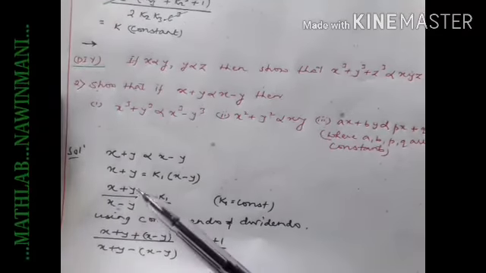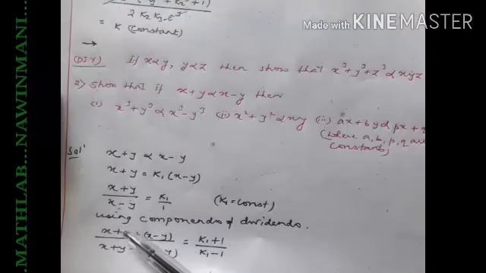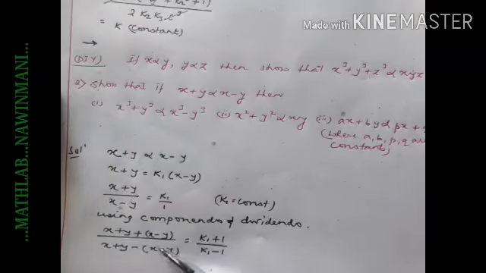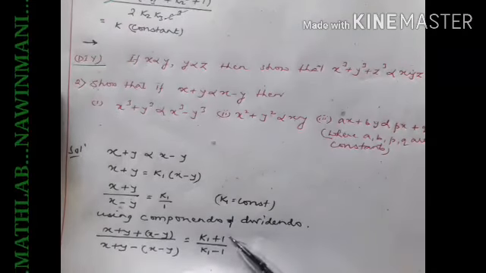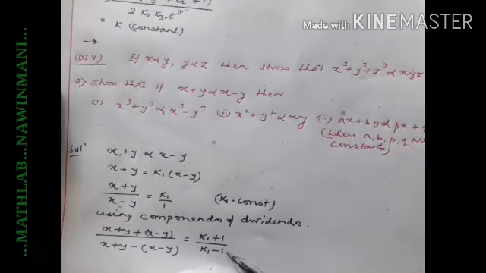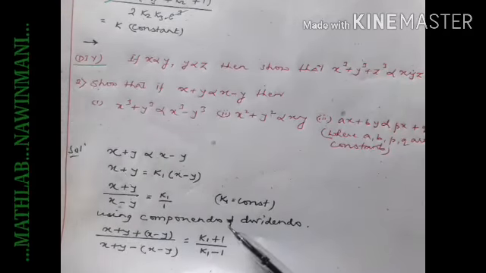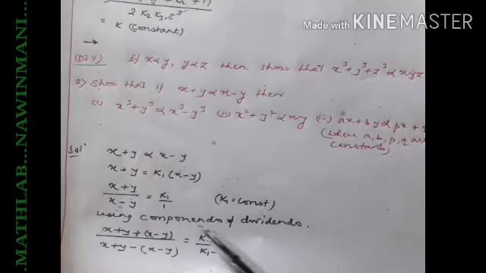How do we do it? We do it this way: numerator plus denominator up and numerator minus denominator in the down is equal to numerator plus denominator in the up and numerator minus denominator in the down. So this is what is called componendo dividendo. We have already seen this in the previous video too. So after this what do we get?